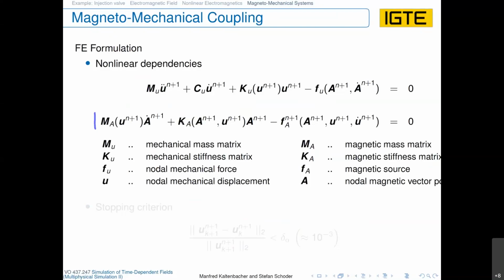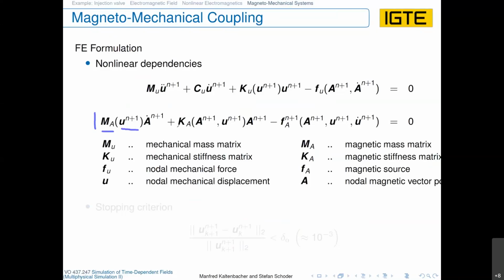We get this system of ordinary differential equations where we have the magnetic mass matrix. As you know, the electric conductivity enters here. That will depend on the mechanical displacement. That's why we always have to compute it on the updated geometry.